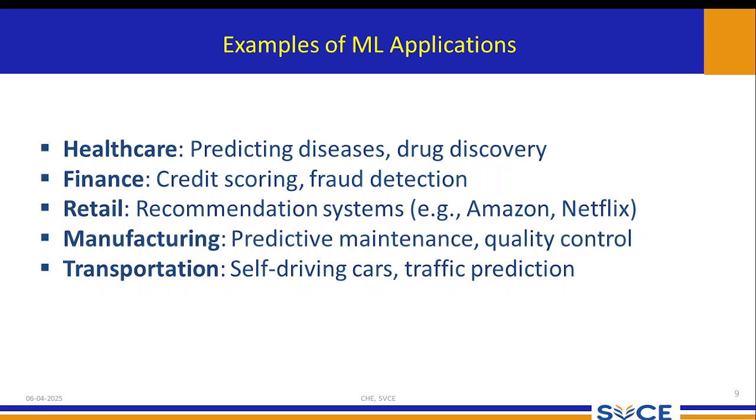Retail systems understand this person is looking for this information in Google, and it is reflected back. So it's a machine learning application in retail, a recommendation system through Facebook.